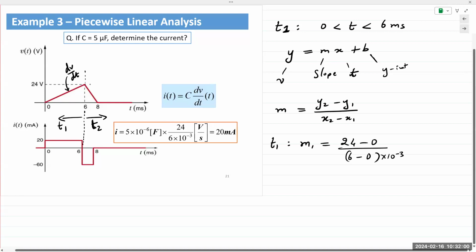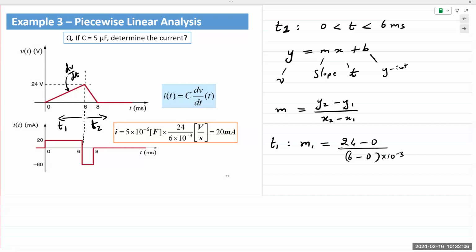And do not forget the milli. It's milliseconds on the x-axis. Otherwise you'd be off by a factor of 1,000. So 10 raised to minus 3, that's my slope. 24 divided by 6 gives me 4. So the slope is 4 volts for every millisecond, or 4,000 volts for every second. Either way, both answers are correct.